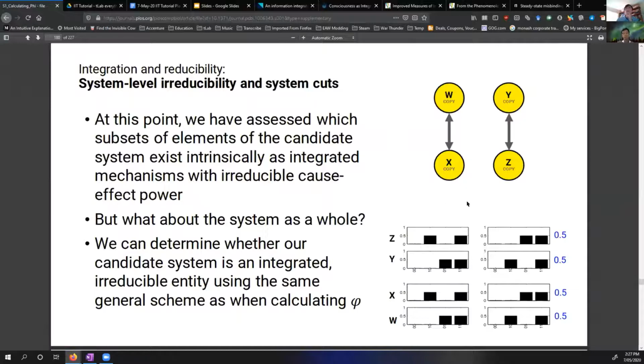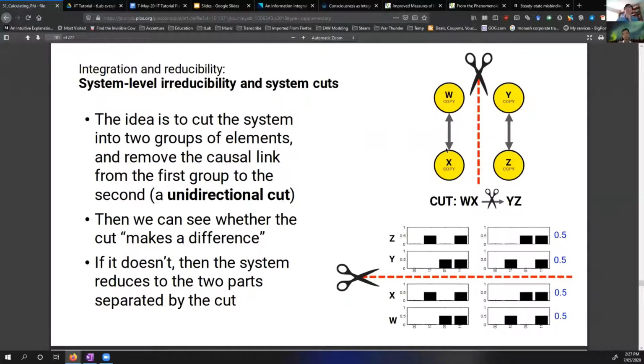If you have a system where W is connected to X and Y is connected to Z, you can build your conceptual structure, your cause-effect structure, and you'll find that mechanisms W and X are just going to affect or have a purview within W and X, and Y and Z are only going to affect things within Y and Z. If you split this system into W, X and Y, Z separately, you're not going to have any effect on the cause-effect structure.